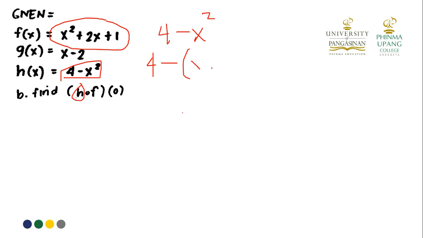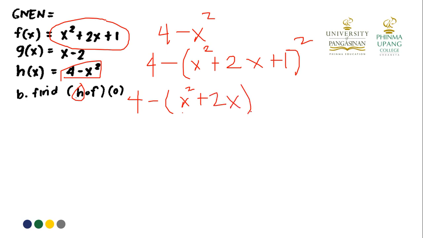So, 4 minus x squared plus 2x plus 1, squared. Okay, 4 minus x squared plus 2x, because there's a square. I remember now from our pre-calculus. If you have an exponent, you are not allowed to distribute the negative sign.